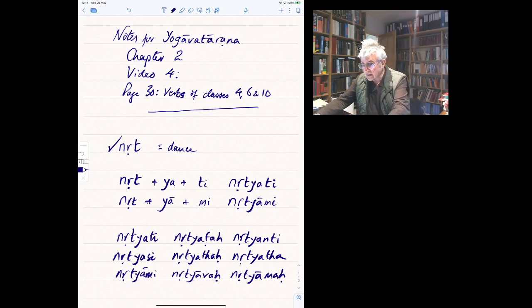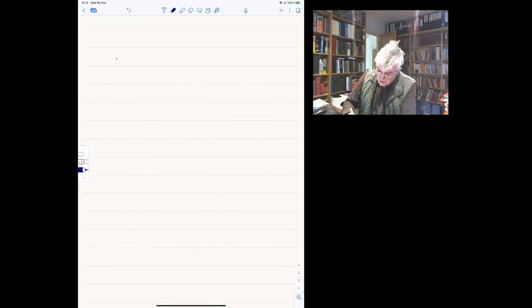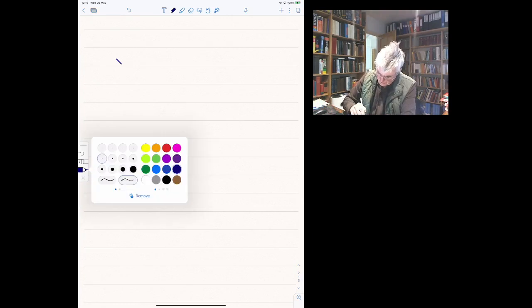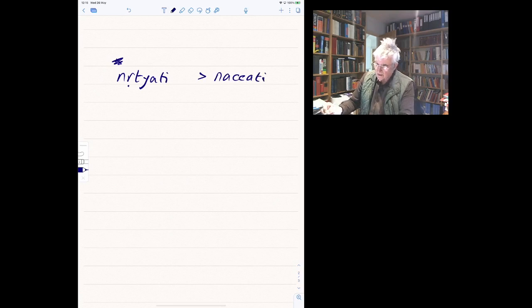So we get something like this. From nrityati, for example, in Sanskrit becomes naccati in Pali, the tya followed by a vowel becoming a double ch, naccati.